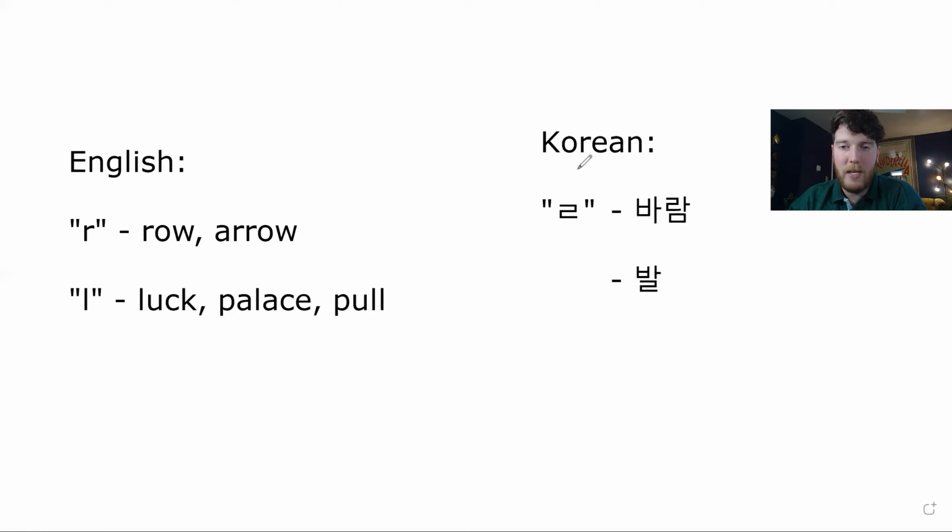But then I do think this is also interesting that in the word pal, we have the ul that's actually here in the words like luck, palace, and pull. But I think what doesn't fully cross for everyone is that we have in English two separate categories linguistically of r and la, that consonant r, and consonant la.